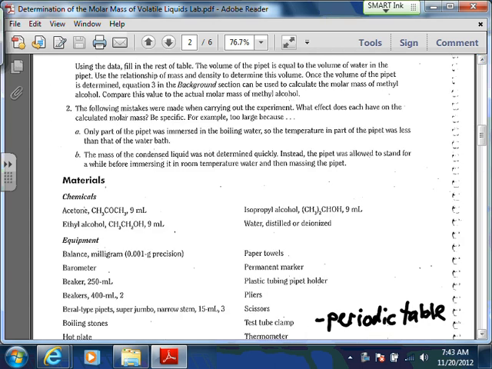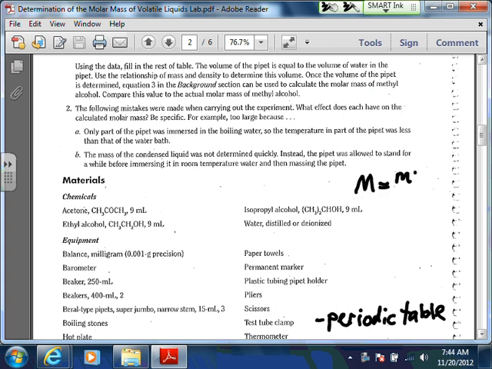And then they have number 2 here. The following mistakes were made when carrying out the experiment. What effect does each have on the calculated molar mass? Only part of the pipette was immersed in the boiling water, so the temperature in part of the pipette was less than that of the water bath. So again, you just got to think about the equation here.